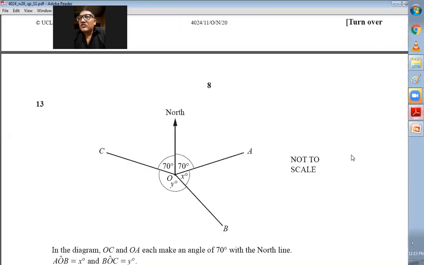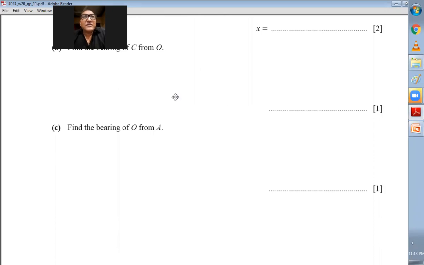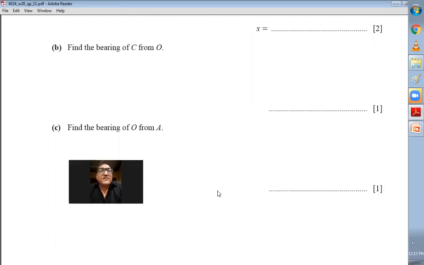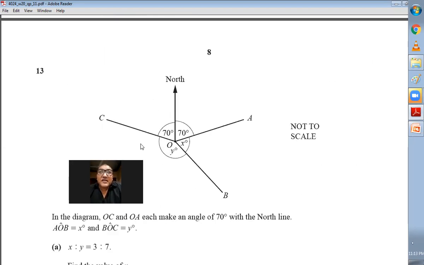Okay. The next part is part C: find the bearing of O from A. The bearing of O from A. So O is here, from A is here. So from A, I will draw north here.